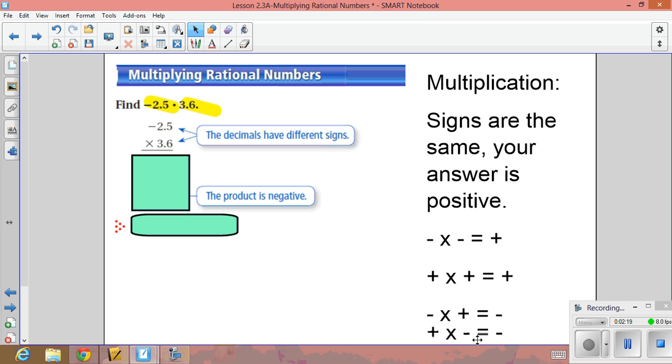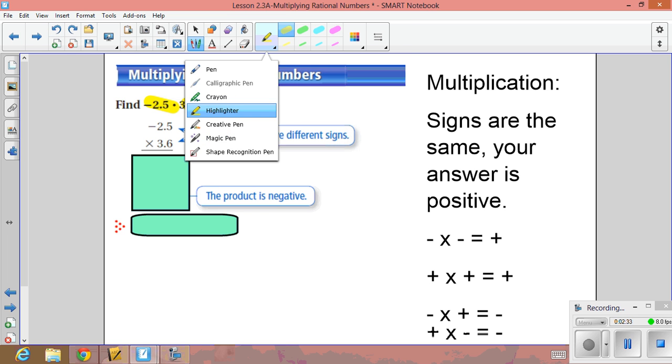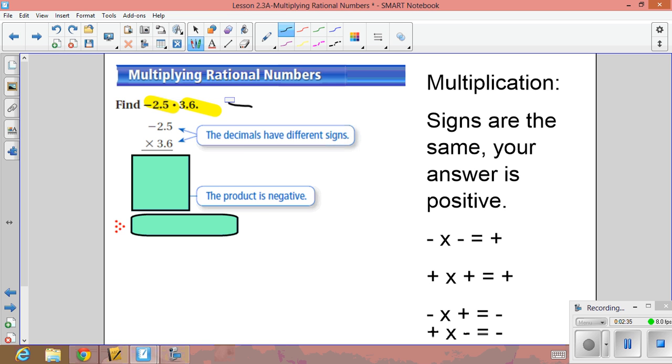Signs are different, the answer is negative. So when I look at this, the first thing I conclude is that my solution is going to be negative. So I get a negative something. So that way I can multiply without worrying about all the signs.